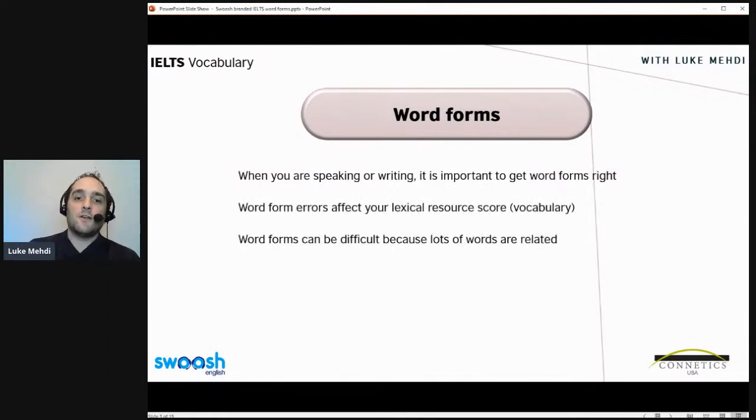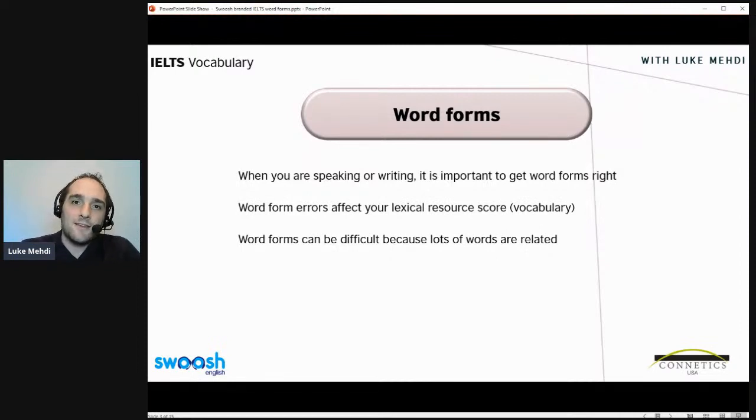Word form errors can affect your lexical resource score. So that's your vocabulary score. These are not grammatical errors. They are lexical errors. Okay, so this won't affect grammar. It affects vocabulary.